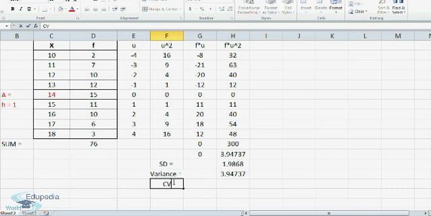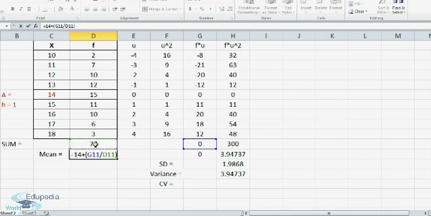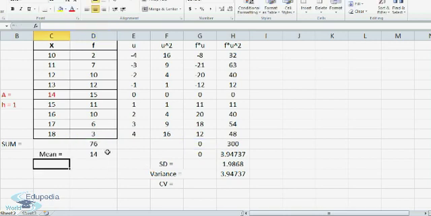And finally the coefficient of variation we know is standard deviation divided by mean. Let's find the mean here, and since we are doing the step deviation, let's find the mean using the step deviation method. If you recall, the formula in step deviation method is the artificial mean, which is here a, 14, plus the summation of f into u, which is this number, divided by n, that is summation of f, and that is to be multiplied by h, which is 1, and that happens to be 14.